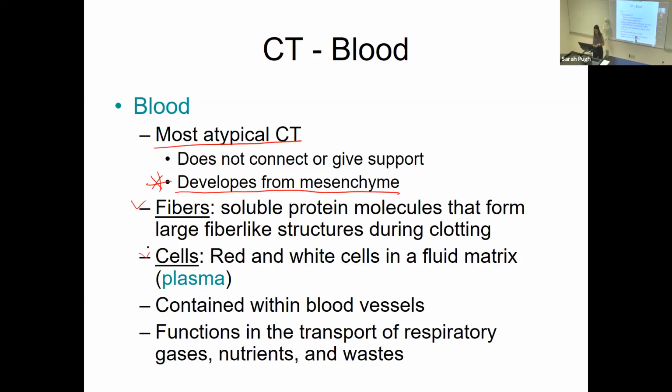So we have blood cells that are found in plasma. All of your blood is found inside vessels. So your blood is not just free in your body, it's always housed in your blood vessels. And the function of your blood is to basically transport gases like oxygen and CO2, transport nutrients, and then get rid of wastes, transport wastes.